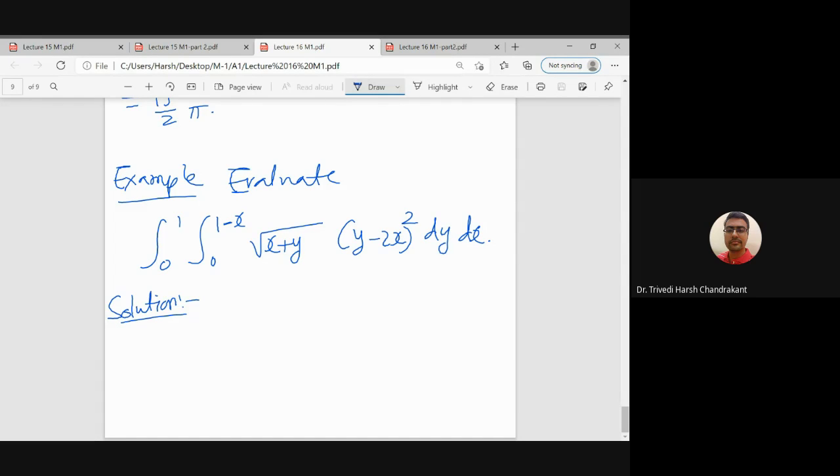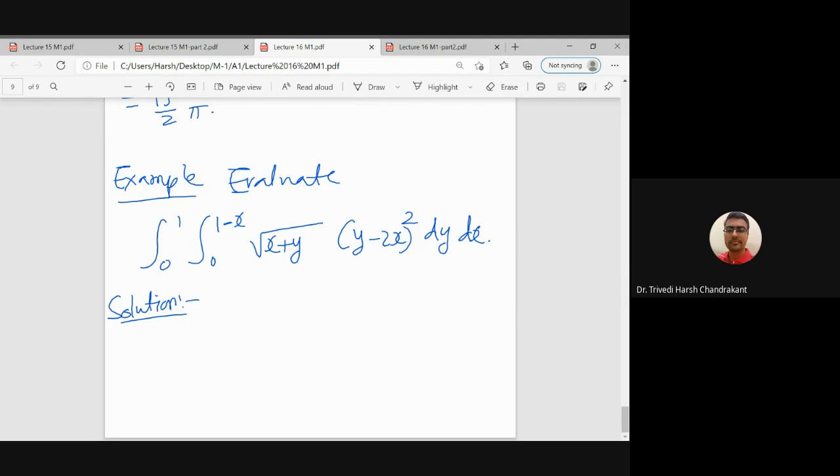If we apply Fubini's stronger version, then we need to integrate this function, square root of x plus y, and that is not easy to integrate.